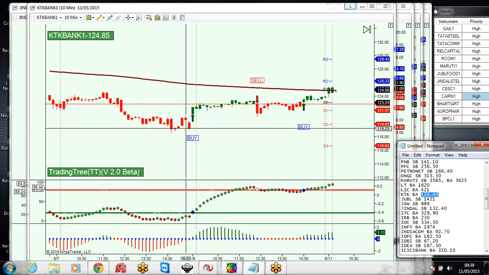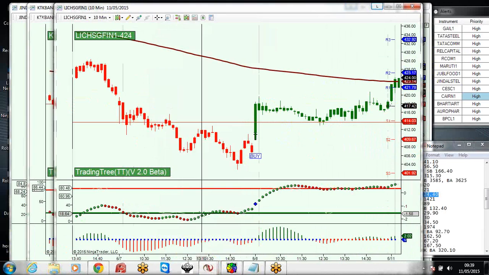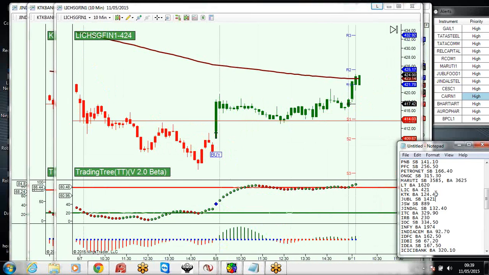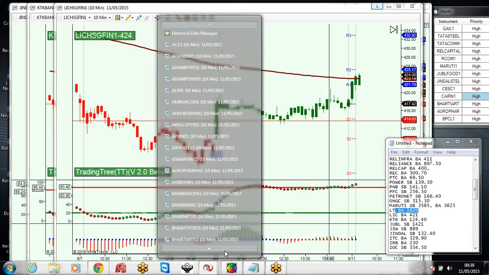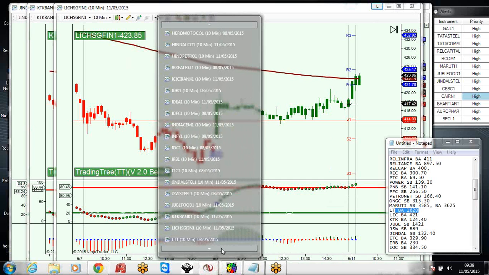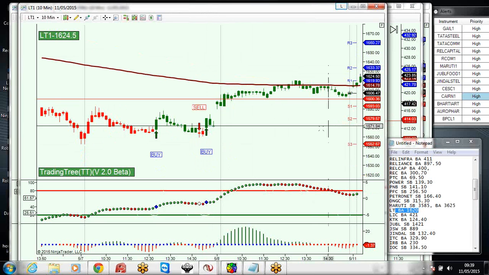It is at 124.85. So LIC Housing Finance was a buy at 421. Now it is at 424. So all these trades we planned before the market opened. LNT 1620 is the buy. It is at 1624.50.